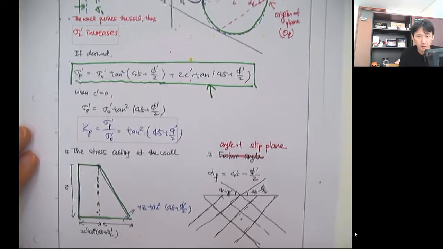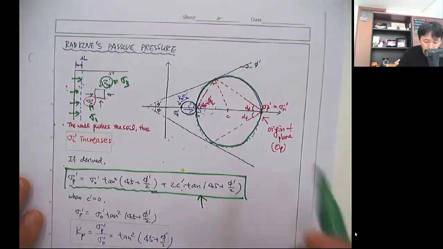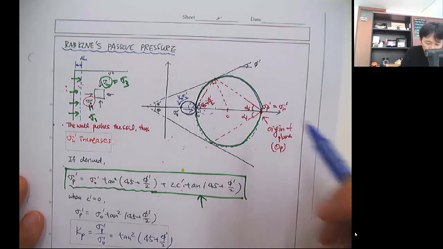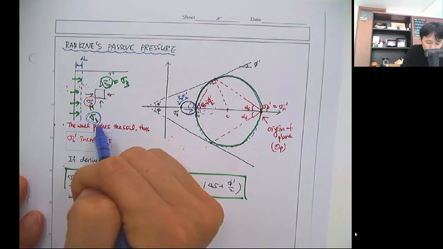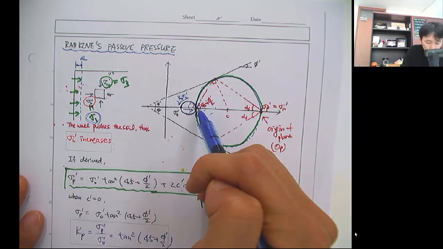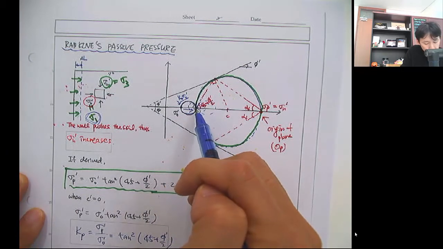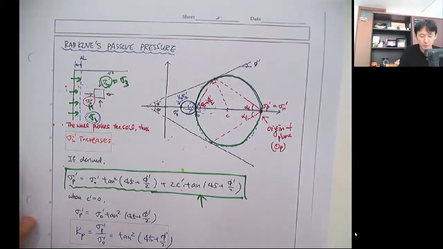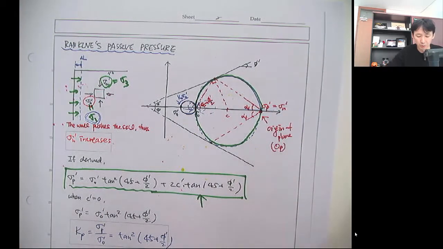What about the angle of the slip plane or the failure plane? Here, where's the OP, the original plane? Because now sigma 1 is the horizontal stress. From here, if you draw the line parallel to the horizontal plane, then it will intersect with the circle here, so that here is the original plane.